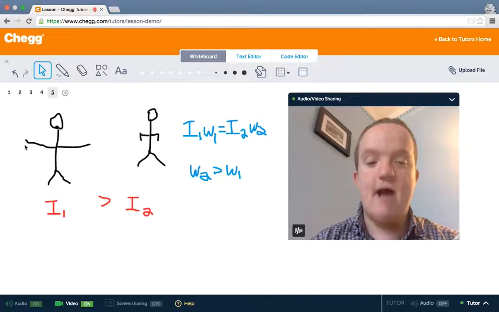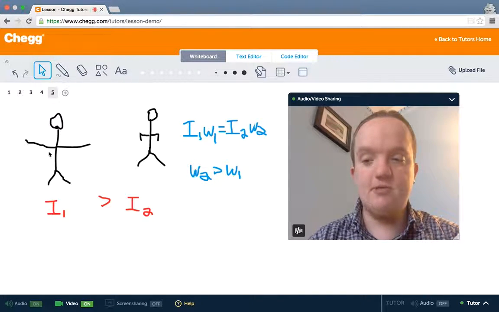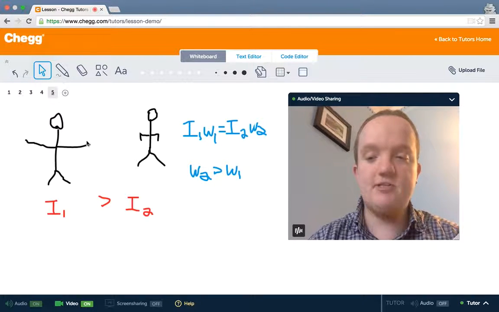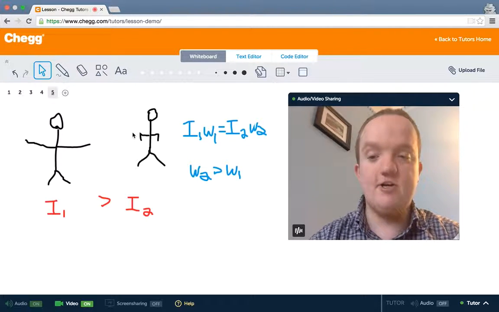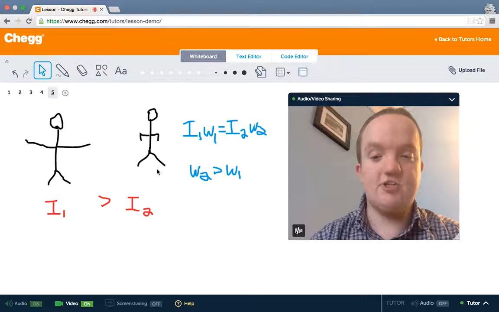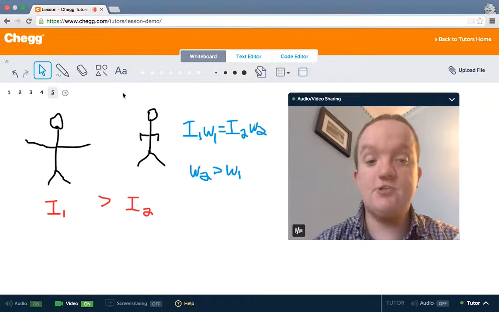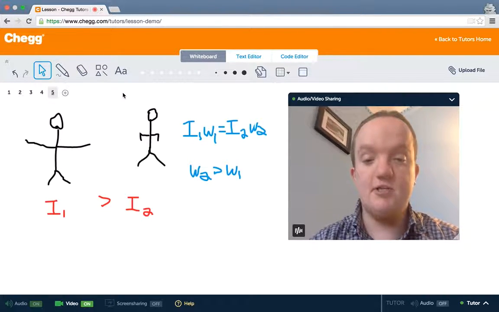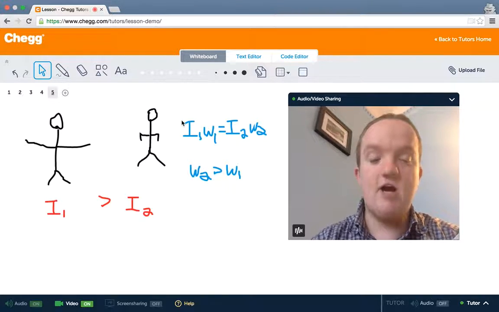Now, because the mass is farther away from this person's center of mass when he or she has their arms out, the moment of inertia for the skater in this position is greater than the moment of inertia for the skater in this position.